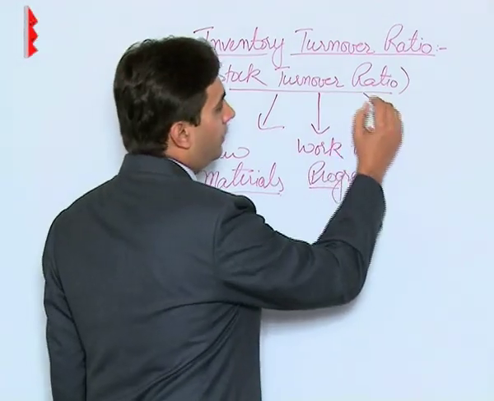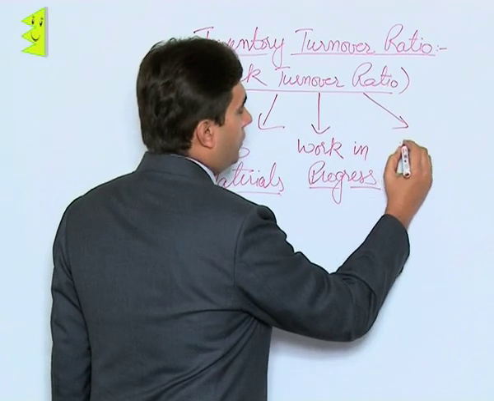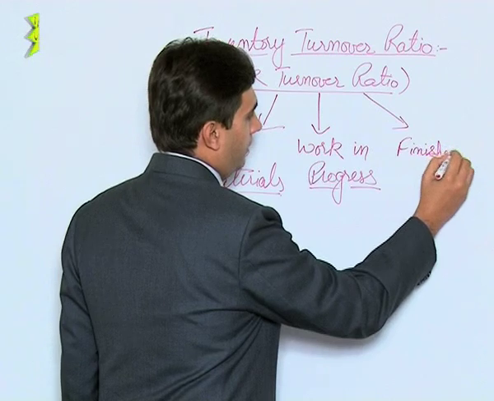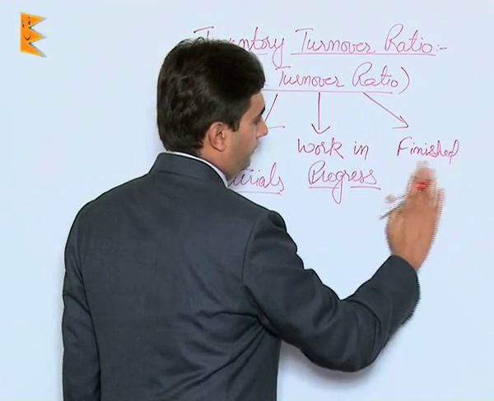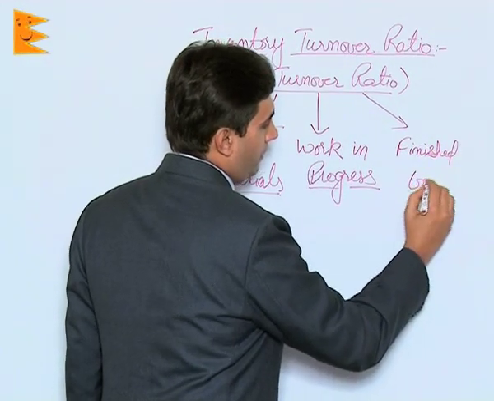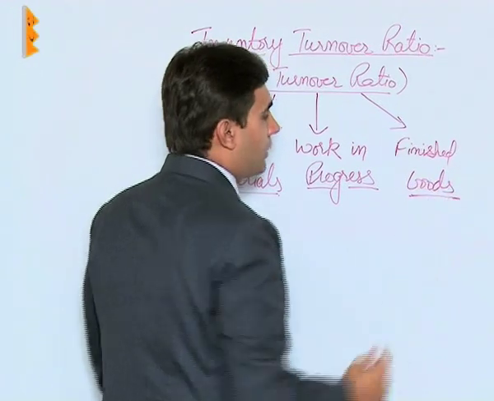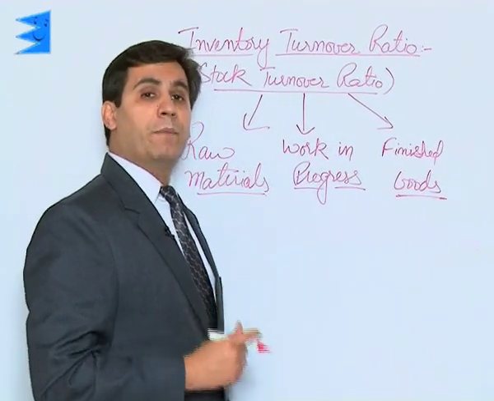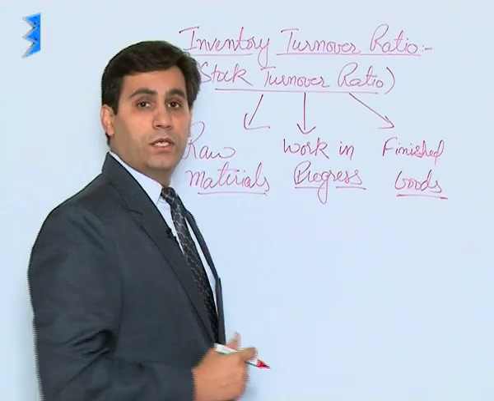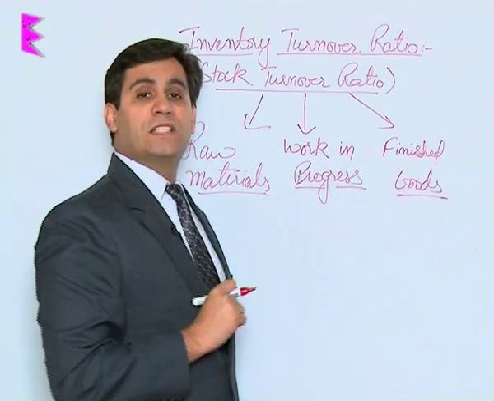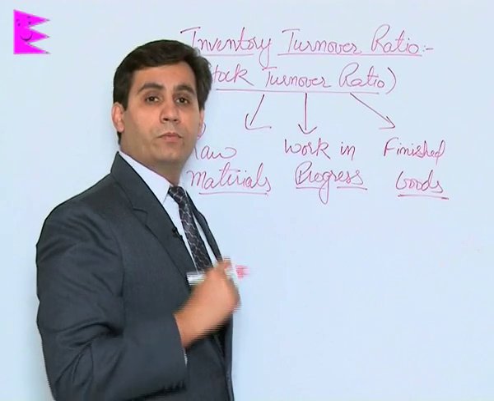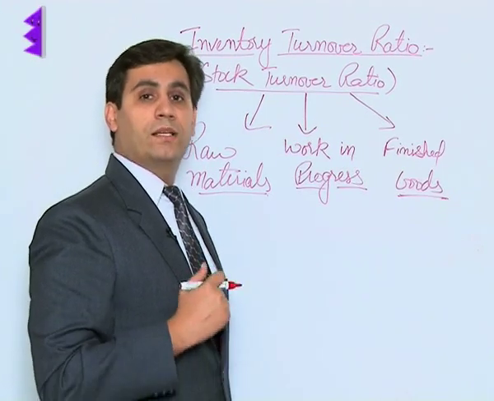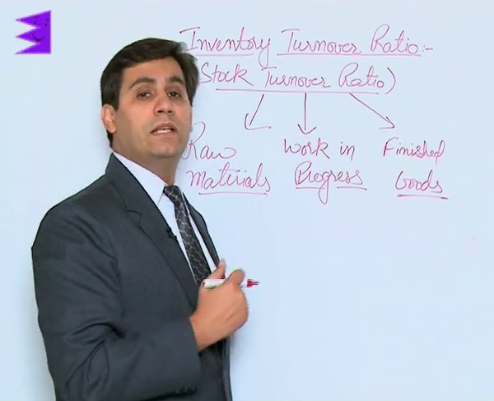And the third one being stock of finished goods. Now students, stock of finished goods means those goods which we have completed but have not yet been sold, or these are the goods which are kept in stock to maintain a steady flow of supplies to the customers and to the dealers.